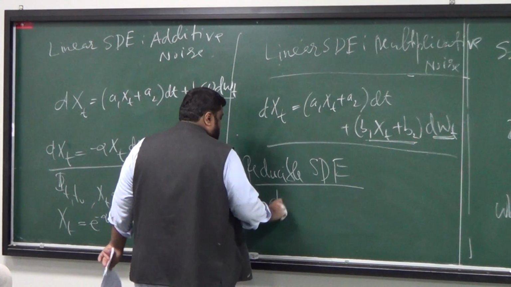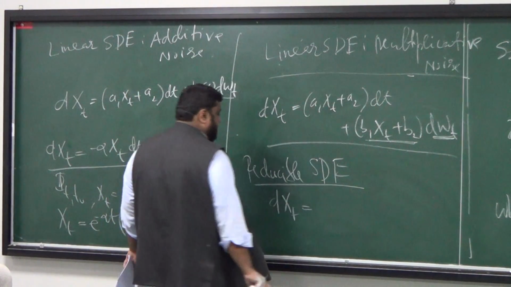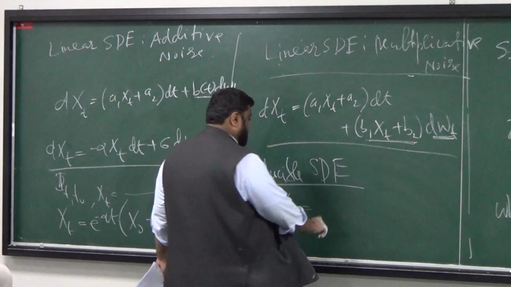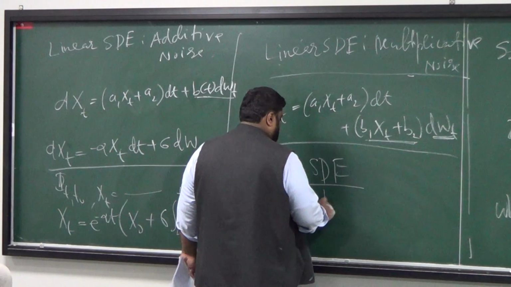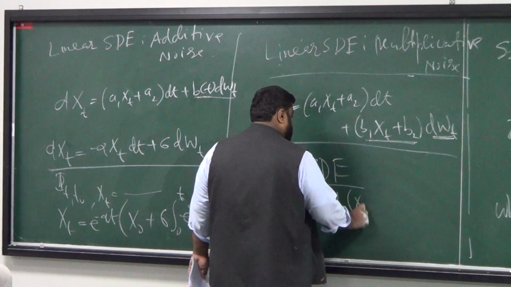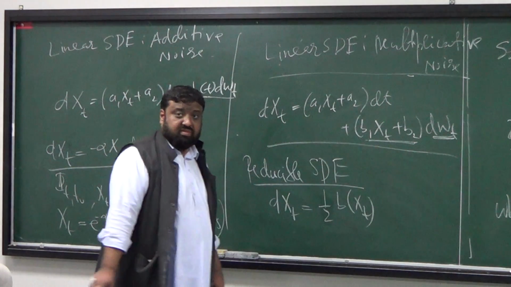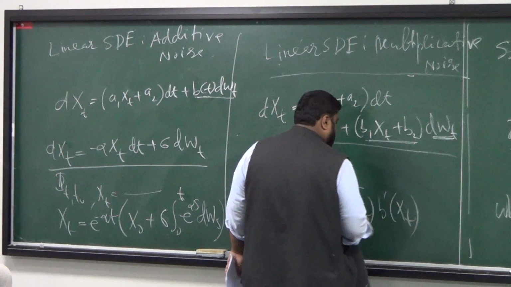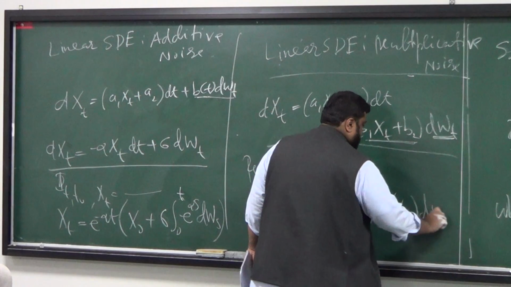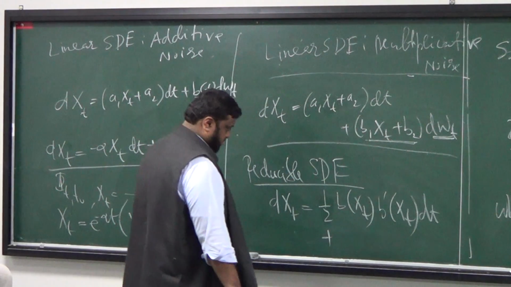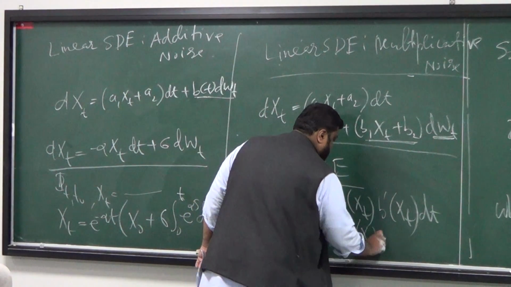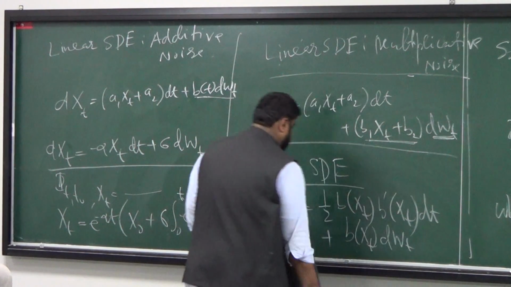So imagine you have an SDE of this form: b(x_t) equal to 1/2 b(x_t) b'(x_t) dt plus b(x_t) dW.